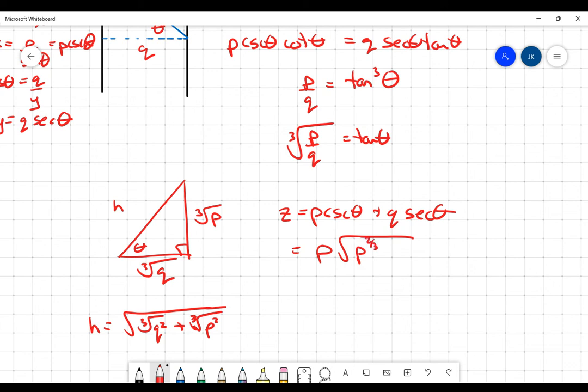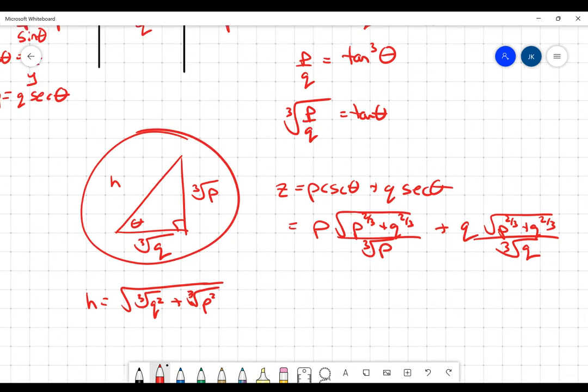This will be p to the 2/3 plus q to the 2/3, over the cube root of p, plus q times secant, which is the square root of p to the 2/3 plus q to the 2/3 all over the cube root of q. And I'm just pulling the cosecant of theta and the secant of theta from this triangle over here.